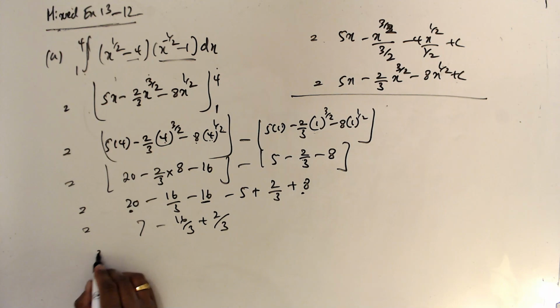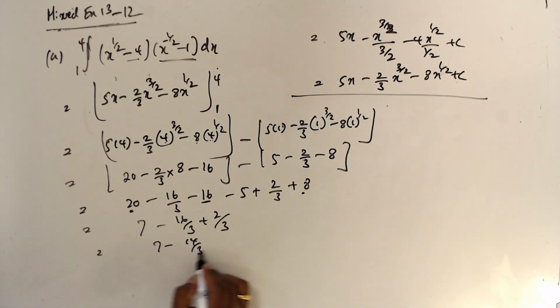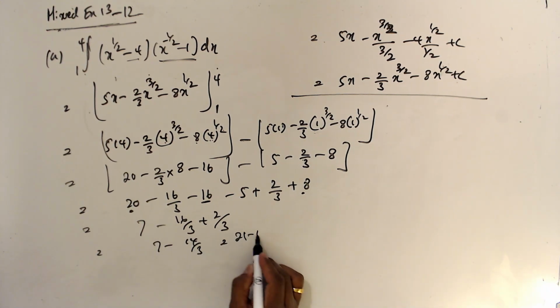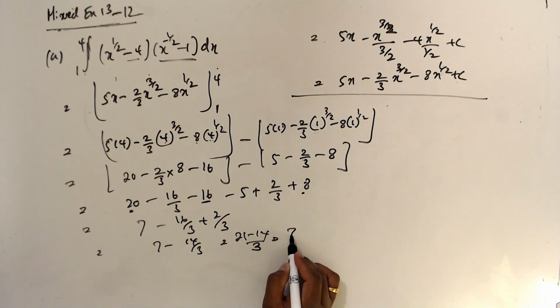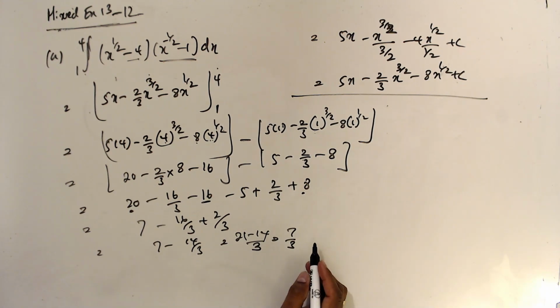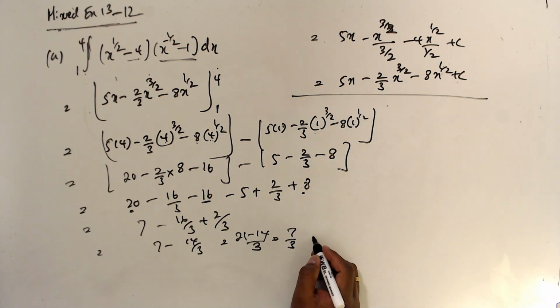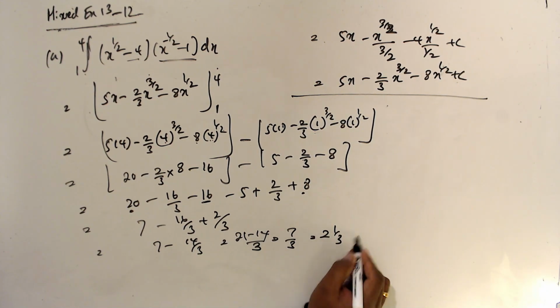So this is going to be 7 minus 14 over 3. So 21 minus 14 over 3, 7 over 3, which is 2 and 1 over 3.